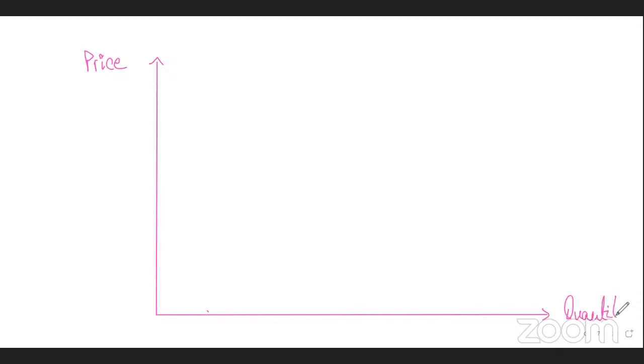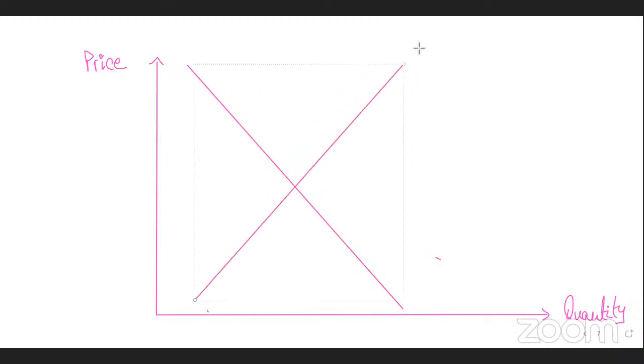Then you will have a normal downward sloping demand, normal upward sloping supply, right? So initial equilibrium is where the two intersect. So that is this point, and we connect it to the y-axis to know the equilibrium quantity, right? So Q1 is the equilibrium quantity, P1 is the equilibrium price.